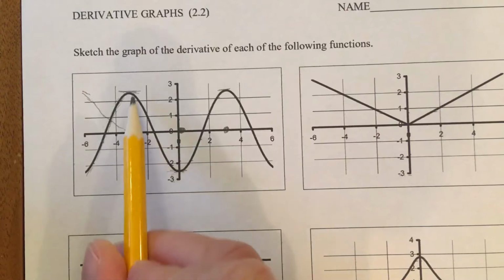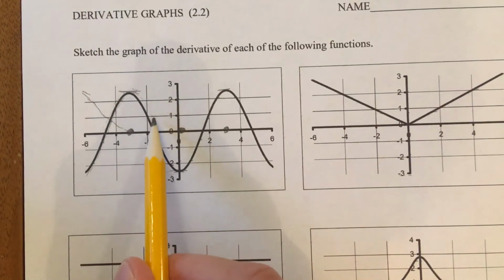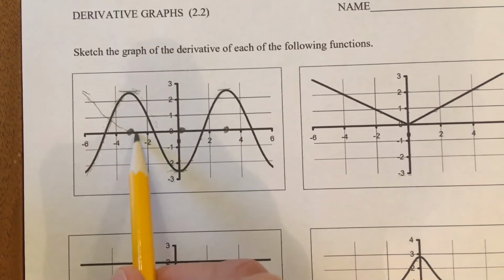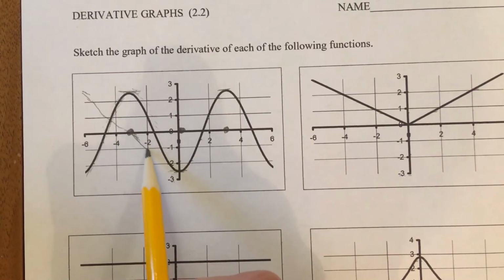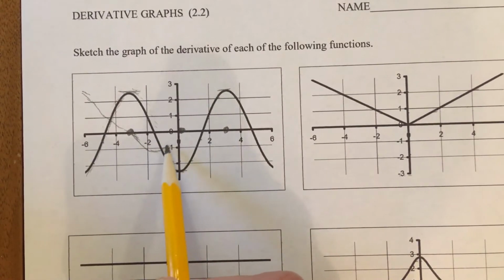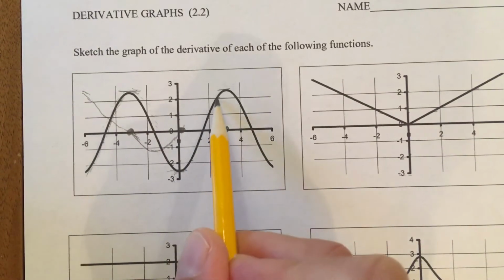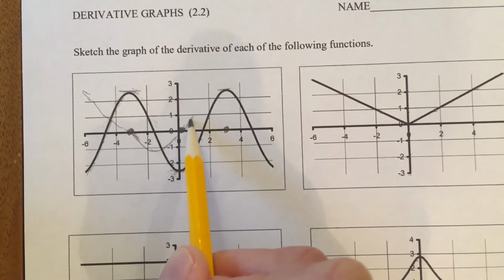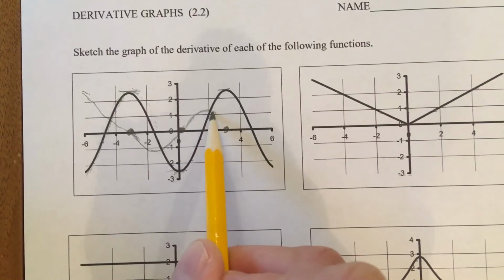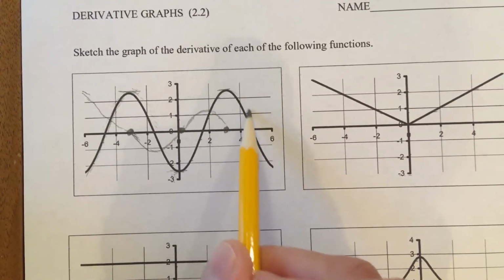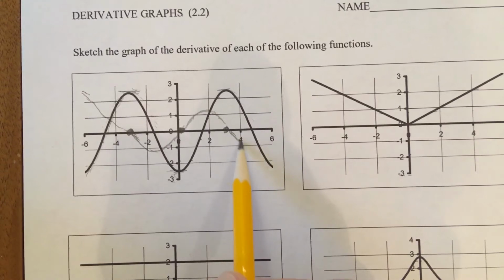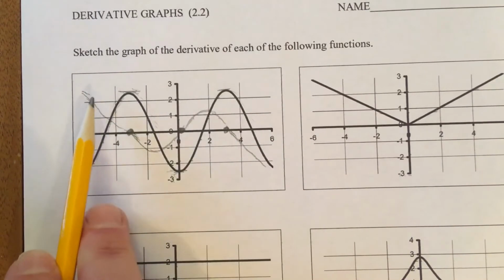Then after I hit 0, my derivatives start to become negative, right? So they come down and they're negative for a while, and then they turn and they become positive again after here. Now I have positive slopes. Now I'm positive until around here, and then I'm back to negative, and then from there on I'm negative after that. Okay?